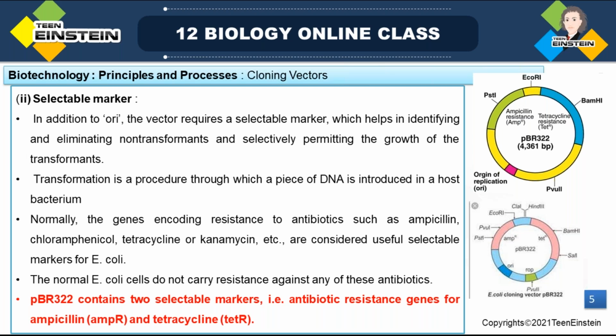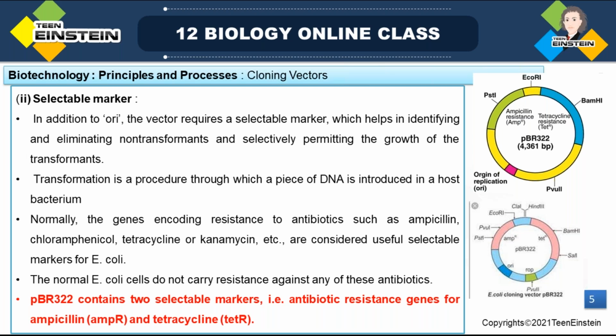The cells in which the recombinant DNA is present are called transformants. With the help of the selectable markers, we can make out the recombinant and non-recombinant ones, and eliminate the non-transformants which are not having the gene of interest, because there is no need to select those.